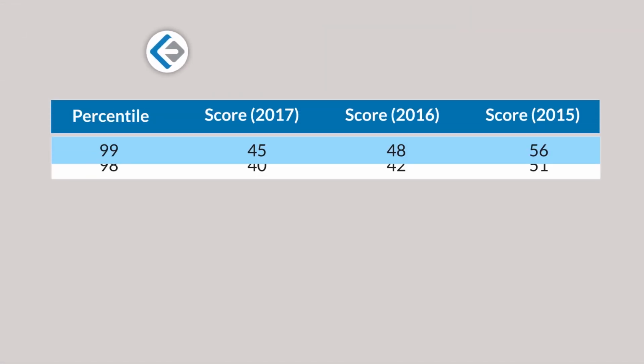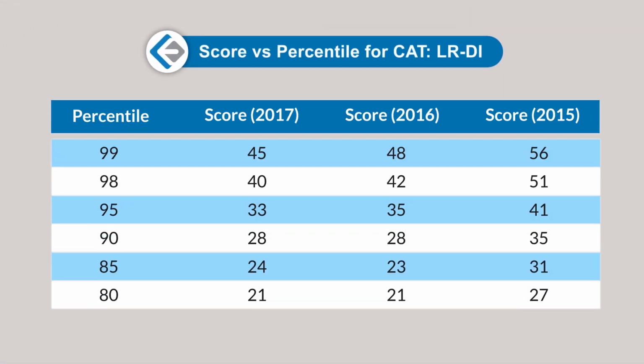Now, let's try to map the score and percentile for the last 3 years for this LRDI section. You can clearly see from this table that 2017 and 2016 have a high correlation, that is a 99 percentile at around a score of 45, which is around 15 net correct questions, whereas in 2016 it was approximately 48, which is 16 net correct questions.